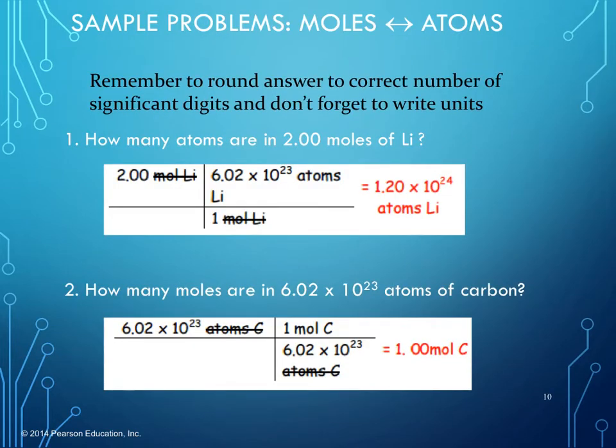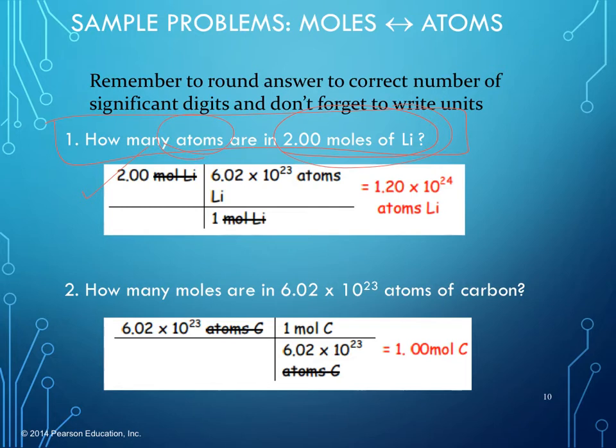So here's a simple example. Look at the question, and remember the rules or the process we use to do dimensional analysis. You start with the given information, which is 2 moles of lithium. You still have to pay attention to sig figs at this point. And the problem asks us to get to atoms.